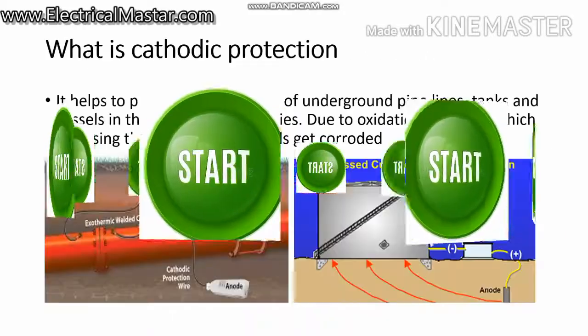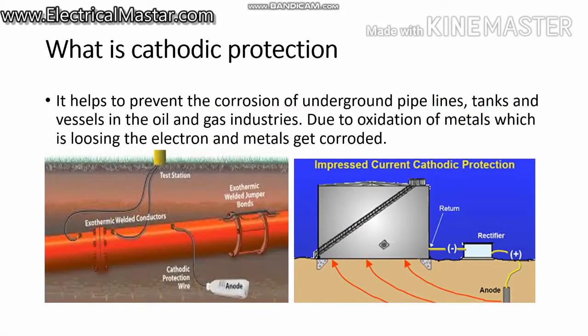Cathodic protection. What is cathodic protection? We need to understand the basics first. Actually, cathodic protection is a technique, or we can say a phenomenon or method, to protect any metallic structure placed in the underground.